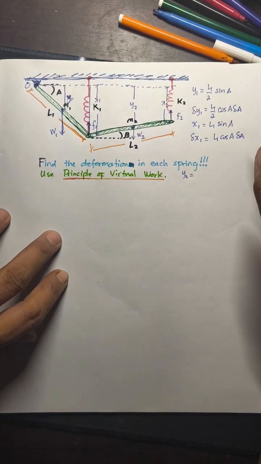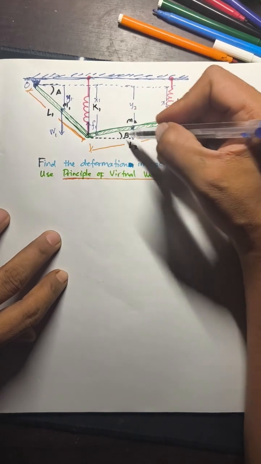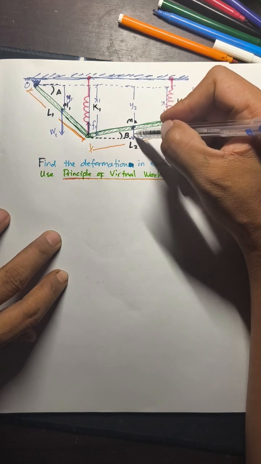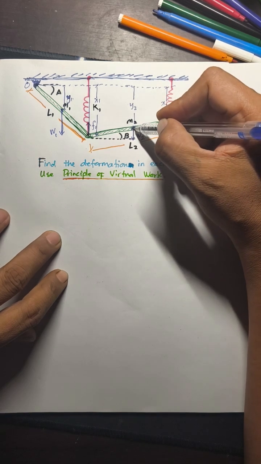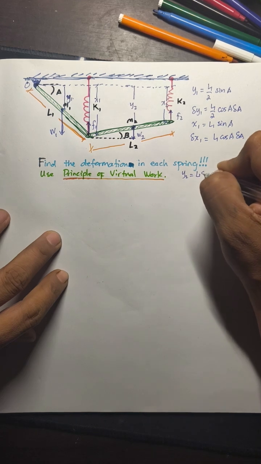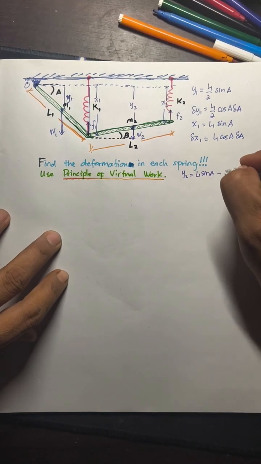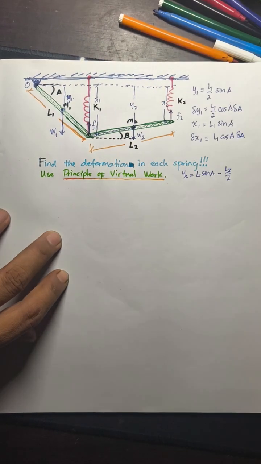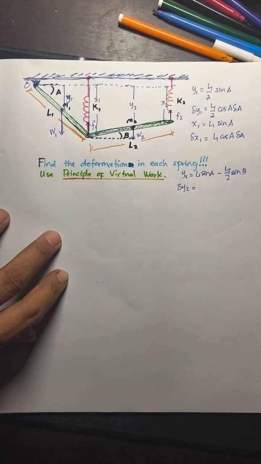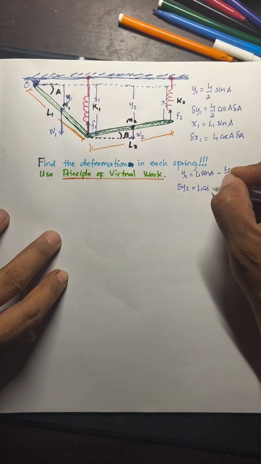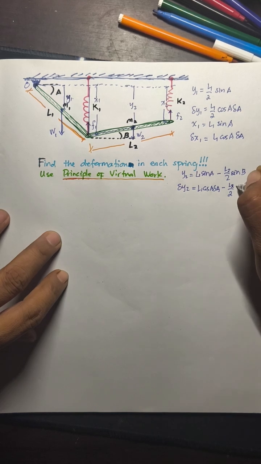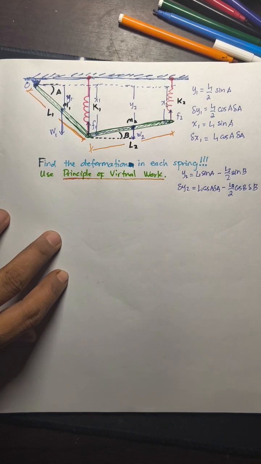So y2 would be this length x1 minus this length here, which is L2 over 2 sine B. So y2 would be L1 sine A minus L2 over 2 sine B. So delta y2 would give us L1 cos A delta A minus L2 over 2 cosine B delta B.